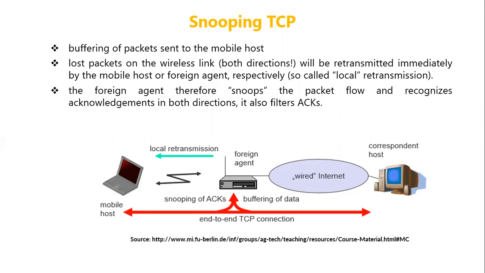Snooping is done to recognize acknowledgements in both directions. If the acknowledgement is missing, then the foreign agent itself will do the retransmission.